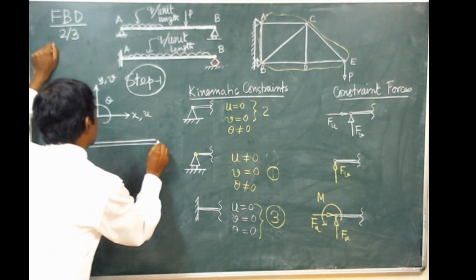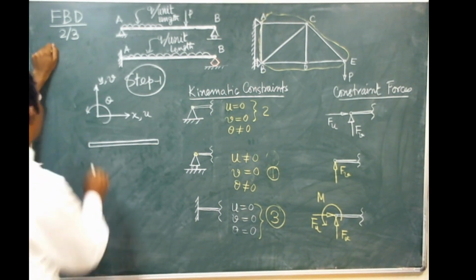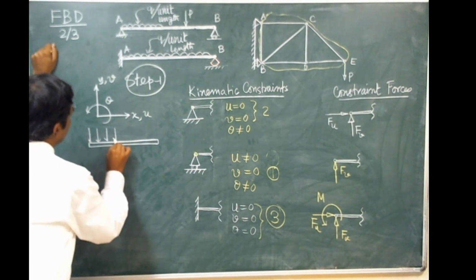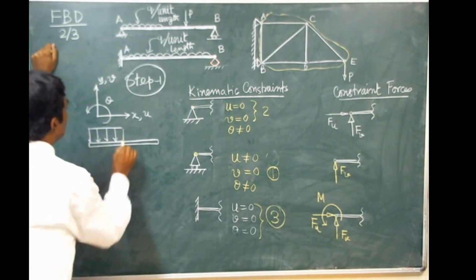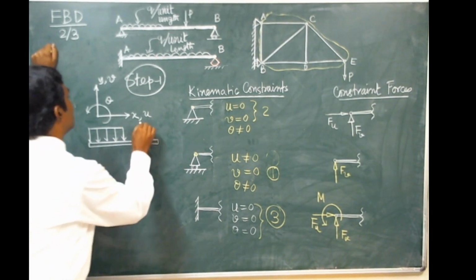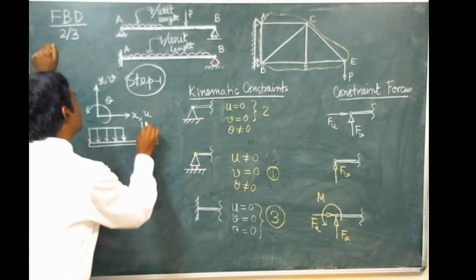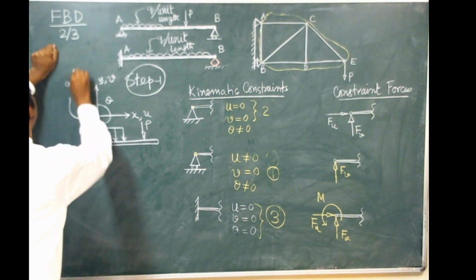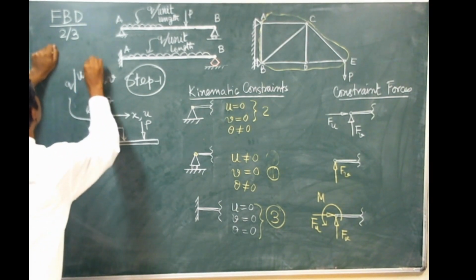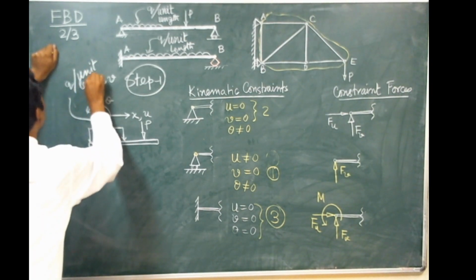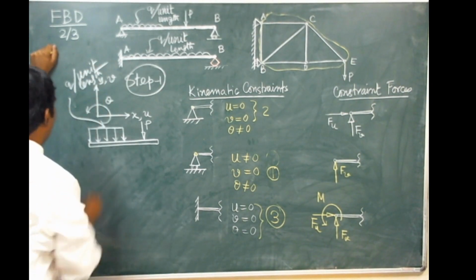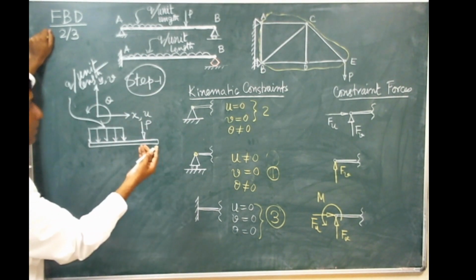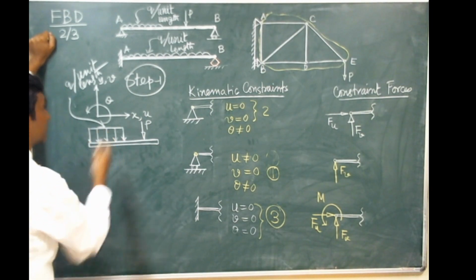representation. So this is the beam we are drawing. We write the external load, the distributed load, and there is a concentrated load P. So this is Q per unit length, and if we remove this one, we are going to supply the statically equivalent constraint forces.